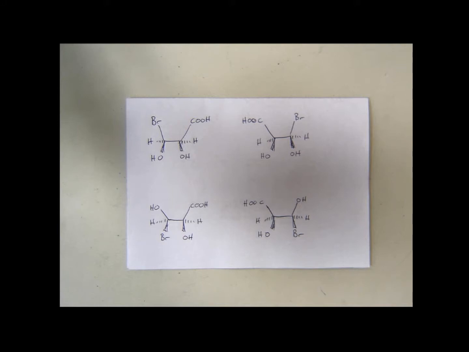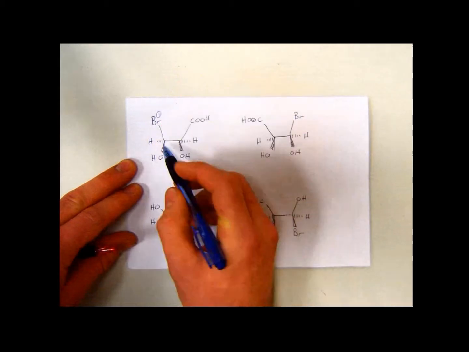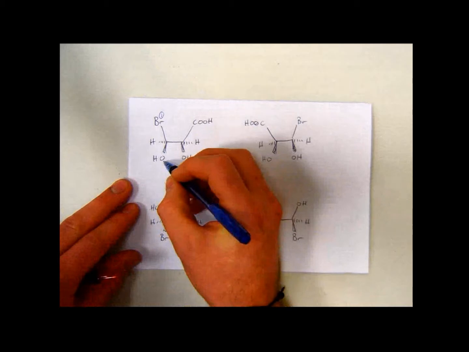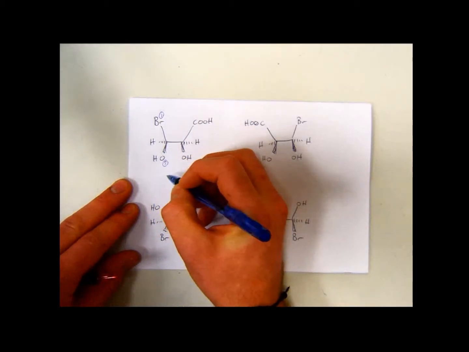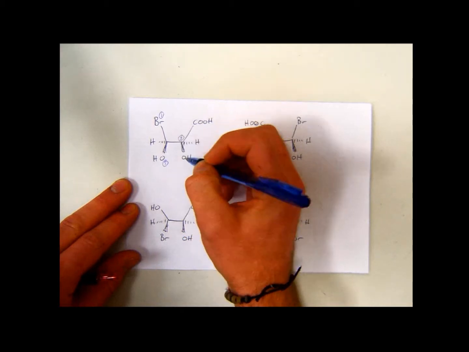Now, let's assign R and S to each of the stereocentres. In the first case, bromine must be number 1 in the case of this stereocentre. Oxygen number 2, and because this is a carbon, that's number 3.